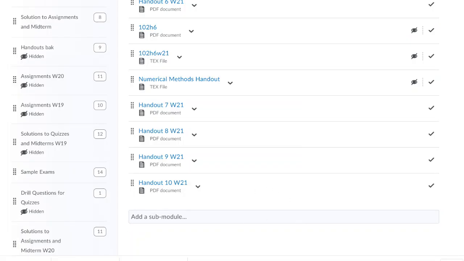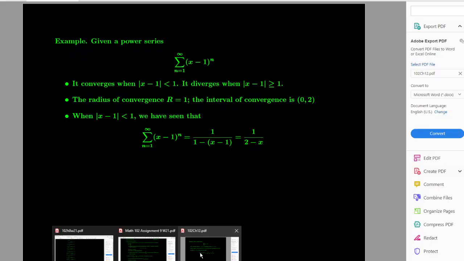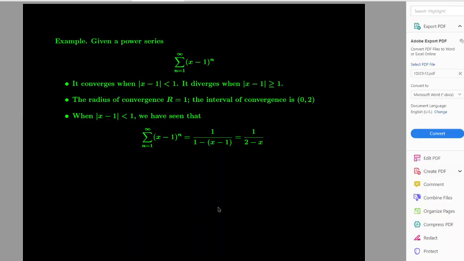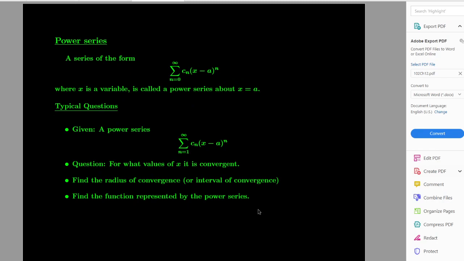I will show the property, but you just try to remember, for a power series, actually for any series, it's permissible to differentiate term by term, and to integrate term by term.